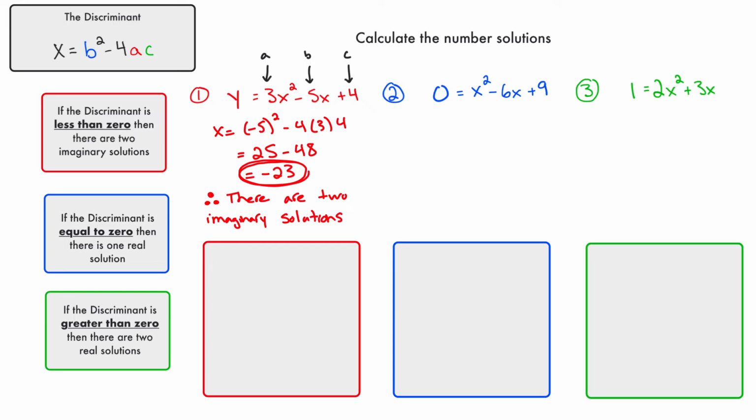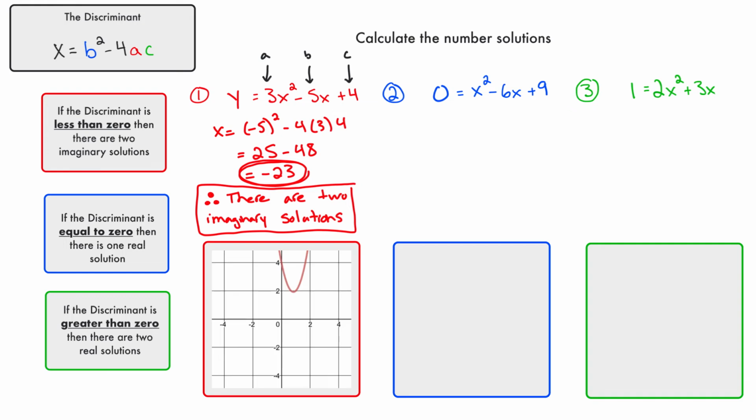I want us to stick with the vocabulary of there being 2 imaginary solutions. Even though some of you probably don't know what imaginary solutions are, we will get into them, I still want to get used to the idea of we're still stating that there are 2 imaginary solutions. So it hits at 2 imaginary locations. And if I reveal the graph, you'd look and see that parabola doesn't hit the x-axis. The discriminant confirmed that.